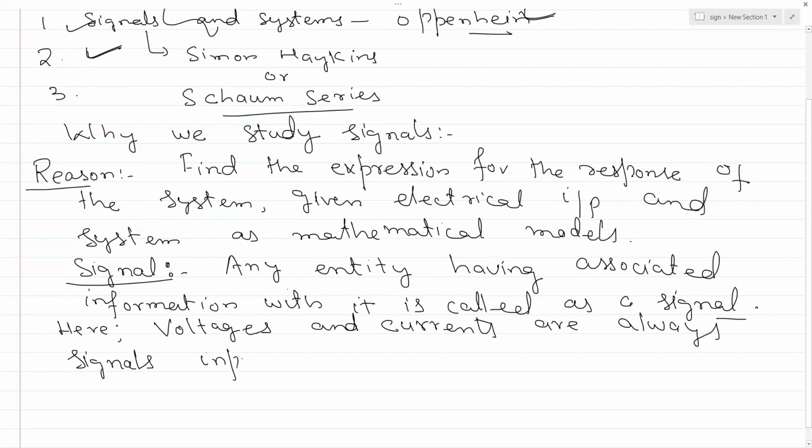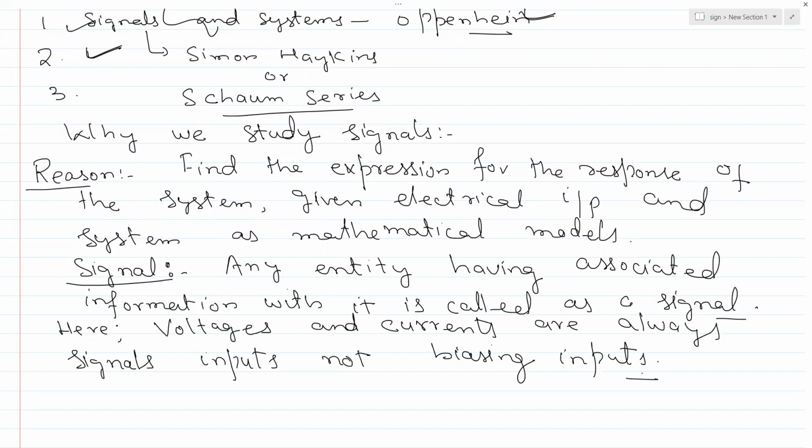Just remember they're always signal inputs and not bias inputs. Bias means you're just giving some voltage. So these are signal inputs, not biasing inputs. So the signal definition is: any entity having associated information with it is termed a signal.